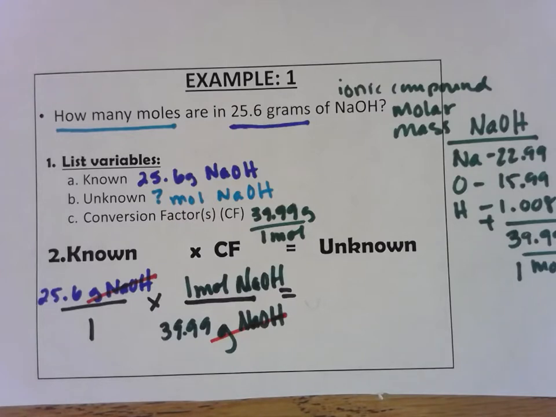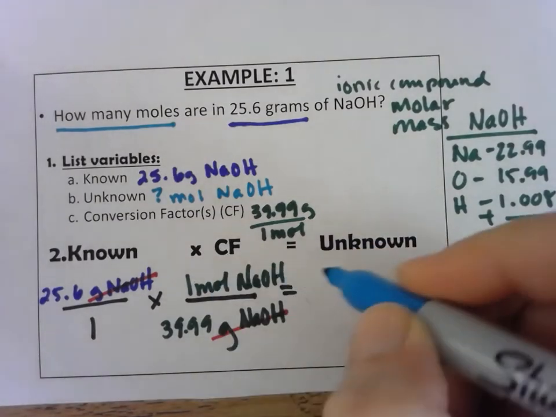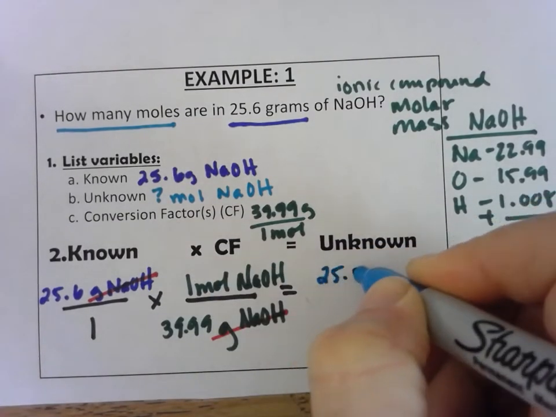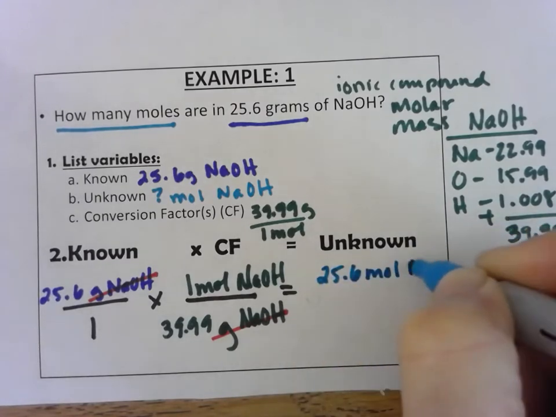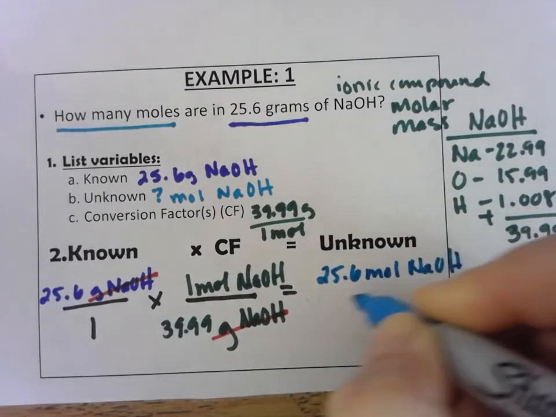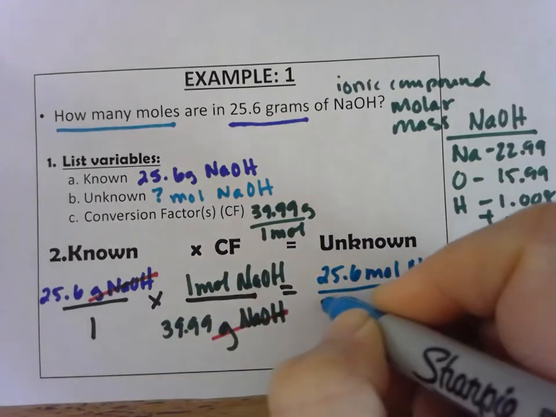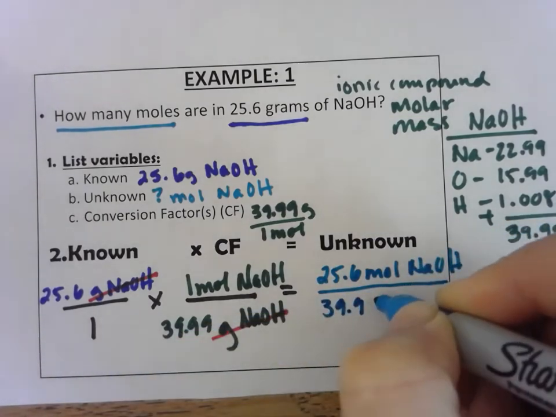So then I go 25.6 times 1 is 25.6. Maybe I'll write that out. And the unit, 25.6. Now it's in moles. Sodium hydroxide. And 1 times 39.99. And the grams is gone.